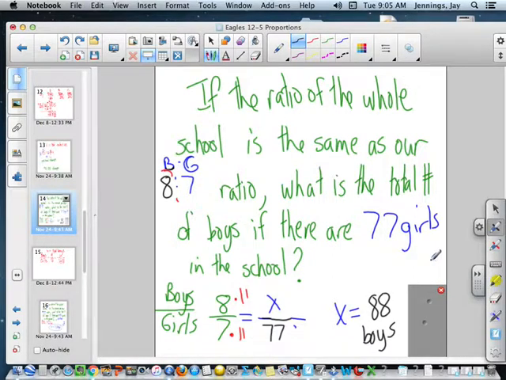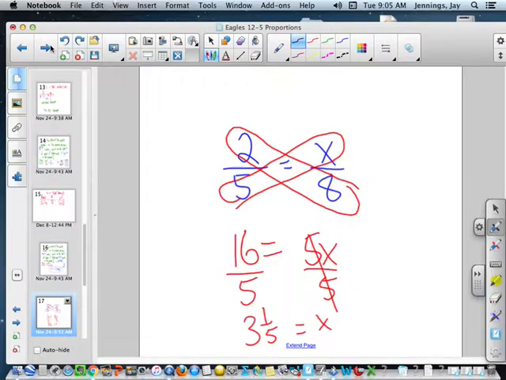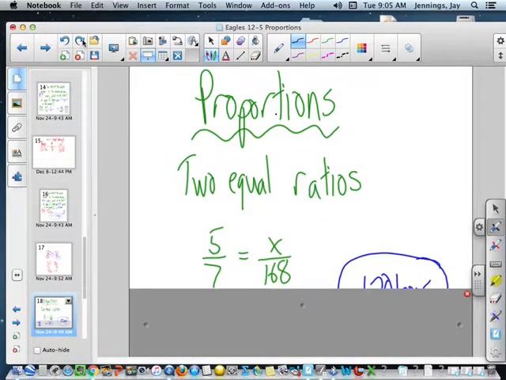Okay, so this is kind of where proportions come into play. So let's show you an example here. I have a couple other examples similar to that. Okay, so we have a proportion. A proportion is two equal ratios. So we have a fraction and another fraction and an equal sign. What we're doing is setting them equal to each other.